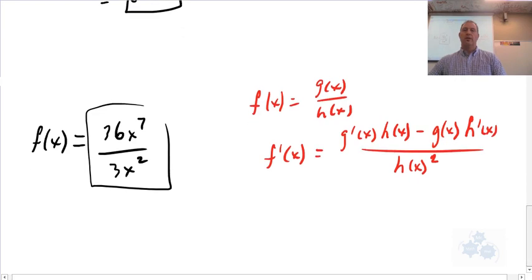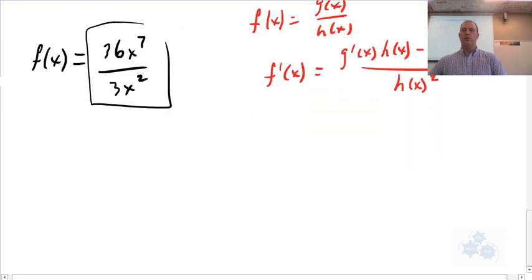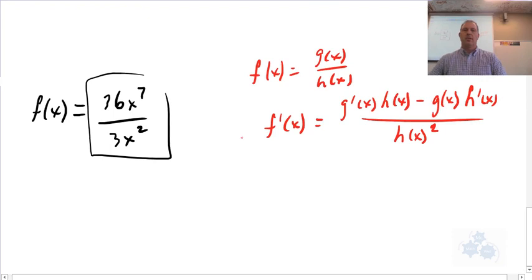So let's use that quotient rule, and we'll do that here. f prime of x here, the derivative of the top. Okay, 7 times 36. So it's going to be 210, 252. 252 x to the 6.